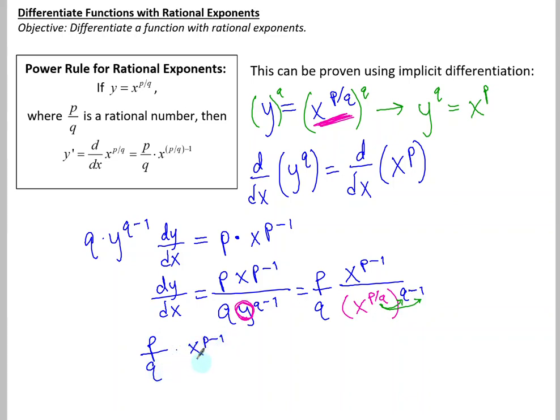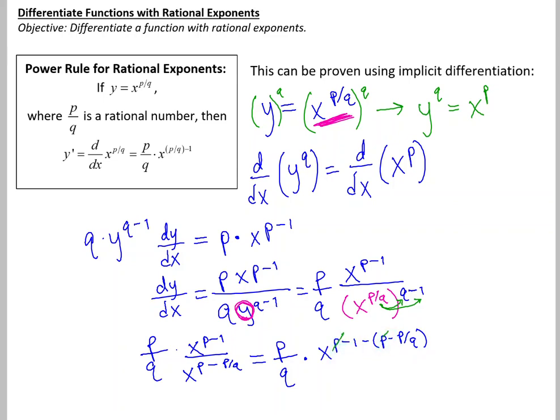Now I'm going to distribute p over q to simplify that, and we get p over q times x to the p minus 1 over x, p over q times q is p, minus p over q times 1 is p over q. That equals p over q times, these bases are the same, and I'm dividing, so I subtract exponents, p minus 1 minus p over q.